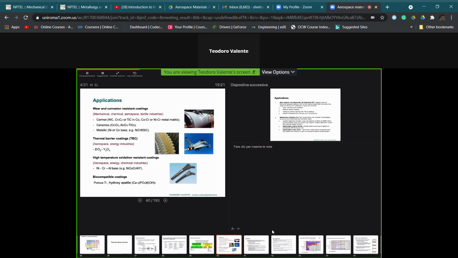Then another field that we have seen many times, but we need to mention it again, which is proper for the energy industry generally speaking, and also aerospace, is the fabrication of thermal barrier coatings based on partially stabilized zirconia.